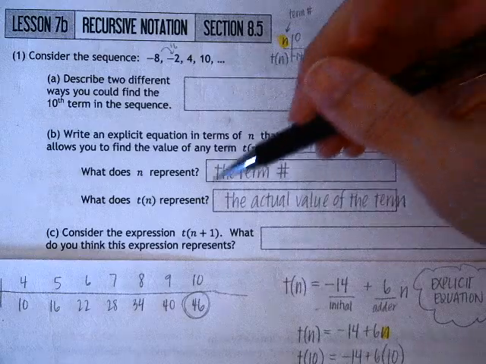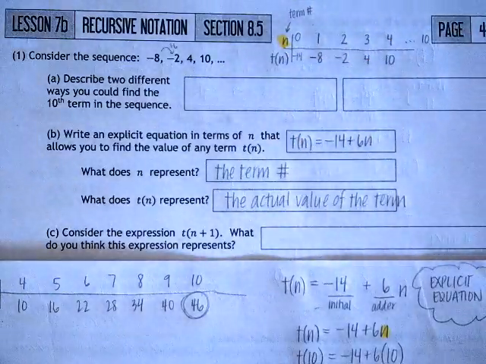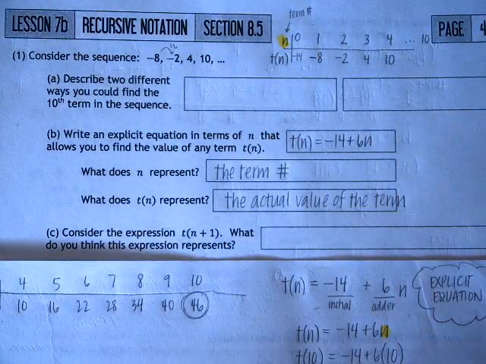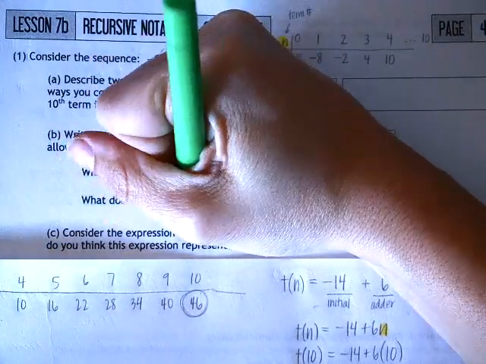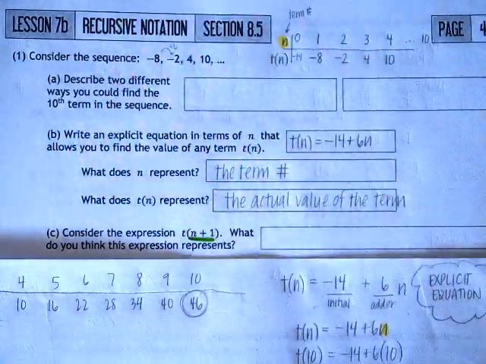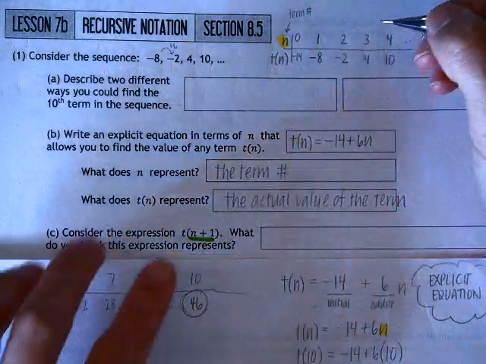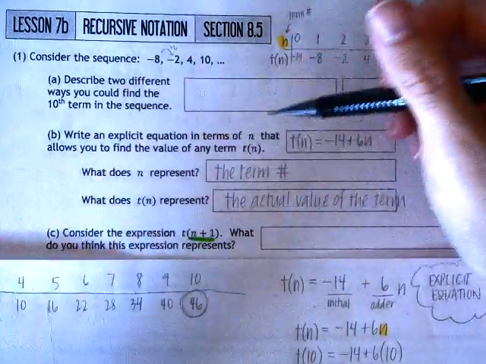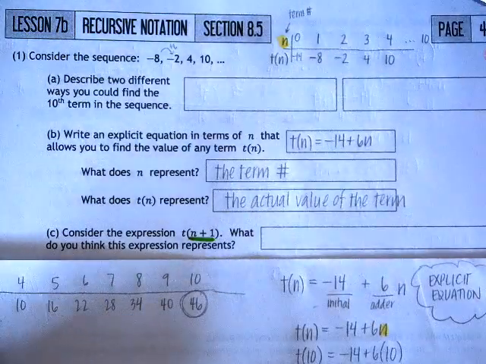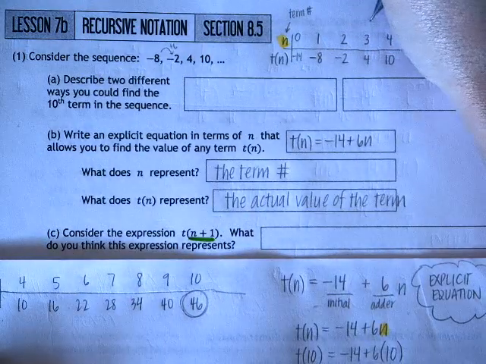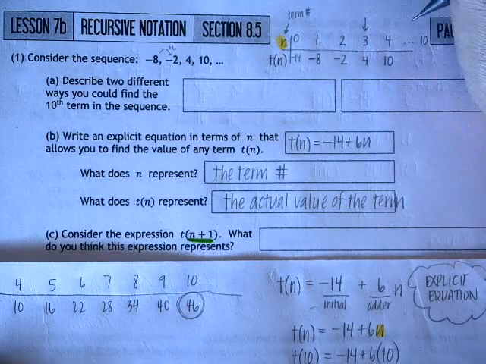Now, generally then, think of that idea that n is where you are in the sequence. And take a look at this next expression, T of n plus 1. T of n plus 1 is interesting because all of a sudden there's a plus 1 inside of those parentheses. But instead of focusing on the T, let's just focus on the n plus 1. Let's focus on a term that we already know.